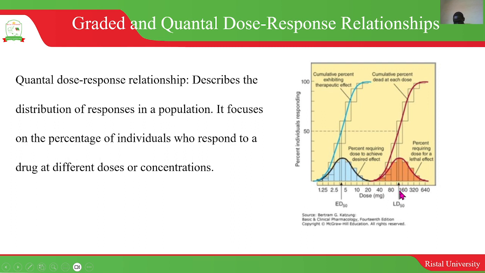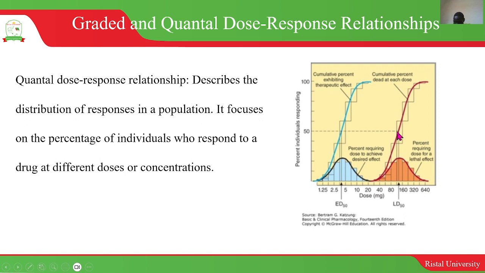While here, the midline of dying because of being exposed to increasing dosage of this drug is around here, between 80 and 160. I think this would be around 120 or something around there.